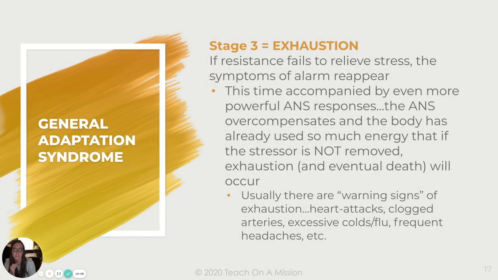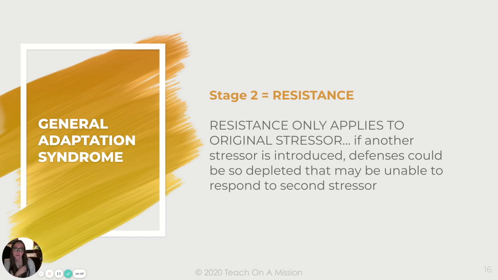But one thing I do need to mention real quick is that with resistance, this only applies to the original stressor. Let's say you're alarmed by your math test. Then you get into stage 2 of resistance, and then another stressor is introduced. Like now your boyfriend just also broke up with you. You're not going to go back to homeostasis as fast because we just introduced another stressor, right?